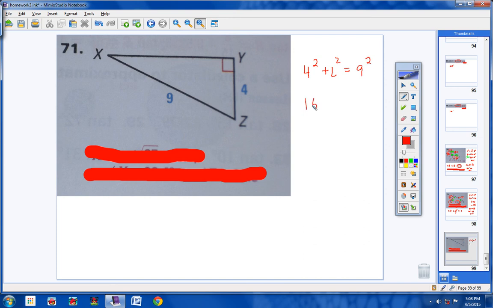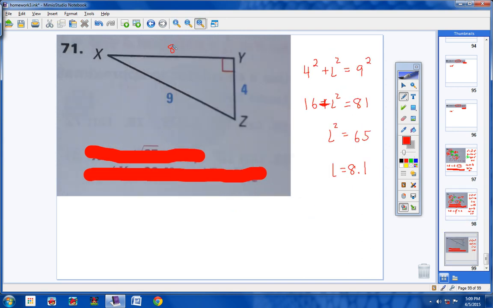So we have 16 plus leg squared equals 81. Alright, subtract 16 from both sides, and we should get 65. Take the square root of both sides, and you will get 8.1. So your leg equals 8.1.